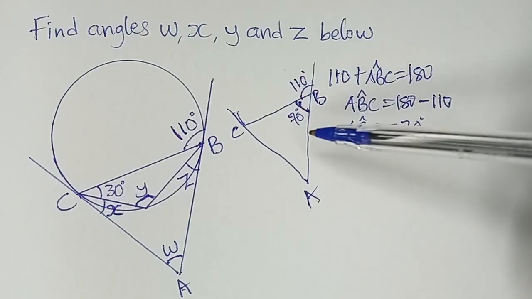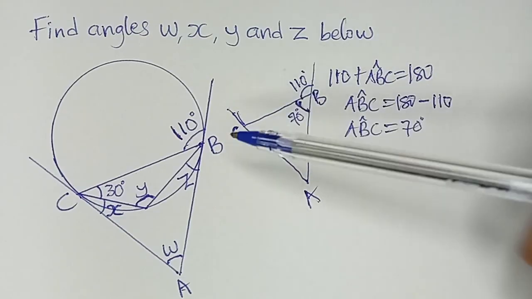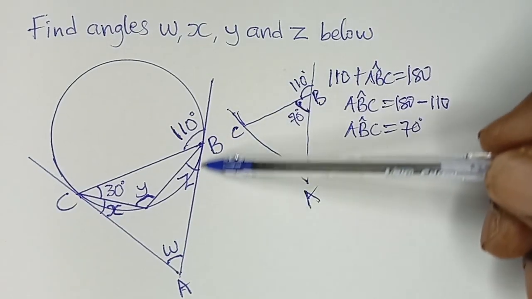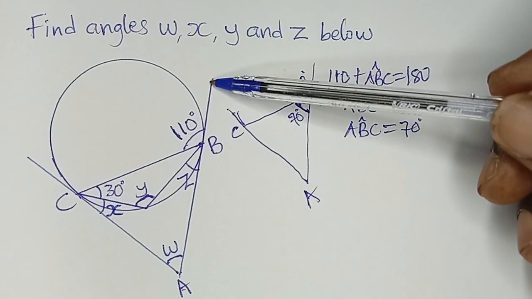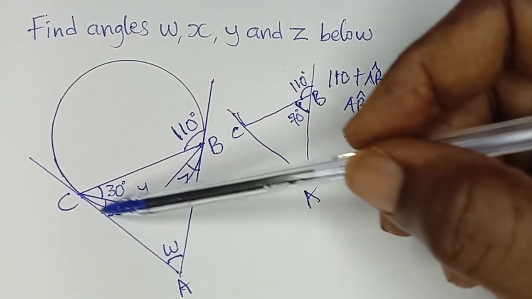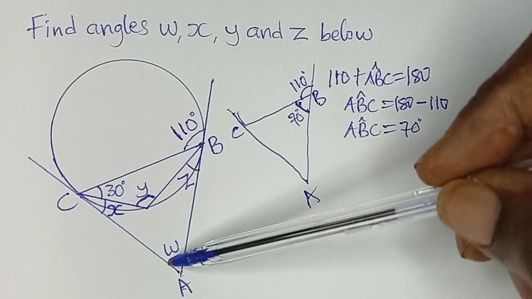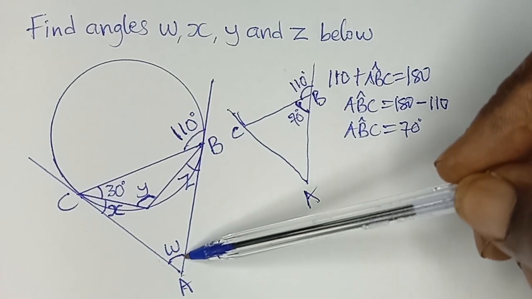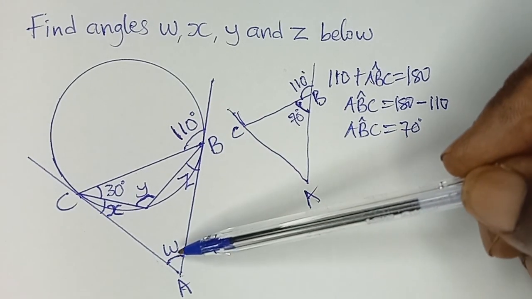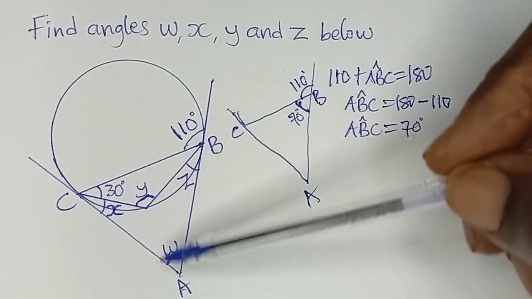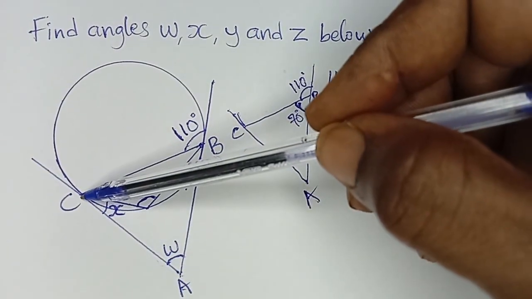So now, with that part, I would like us to look at these two tangents. This is a tangent here touching the circle at this point, and this is a tangent touching the circle at this point here. And they both make angle W at this part. So you agree with me that this line is equal to this line. Why?